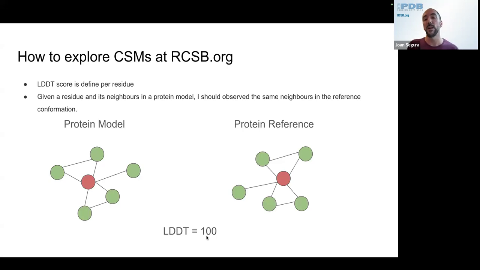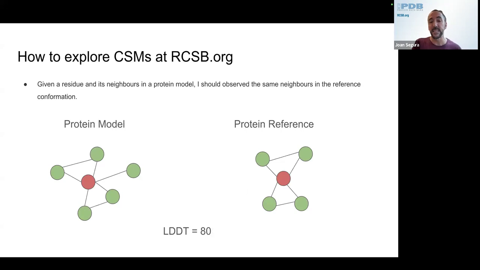The LDDT is evaluated between 0 and 100, or 0 and 1, depending on how you want to consider it. If all the residues match, the LDDT is 100%. For example, in this case, my protein model has one more neighbor than the reference, so the LDDT is going to be 80%, because only 80% of the neighborhoods are conserved between the model and the reference, or the native conformation.